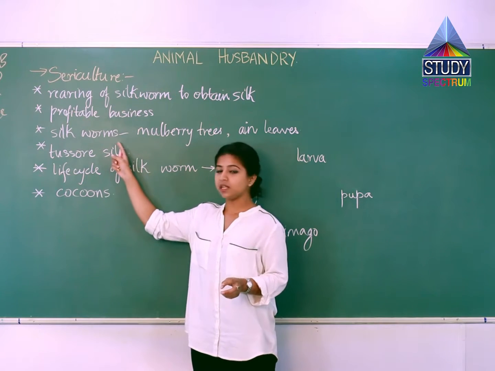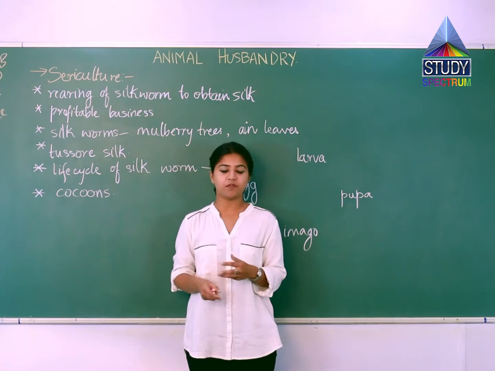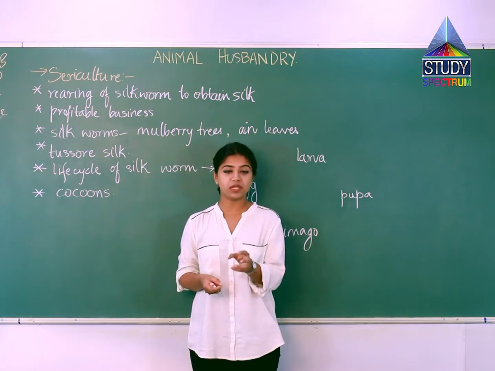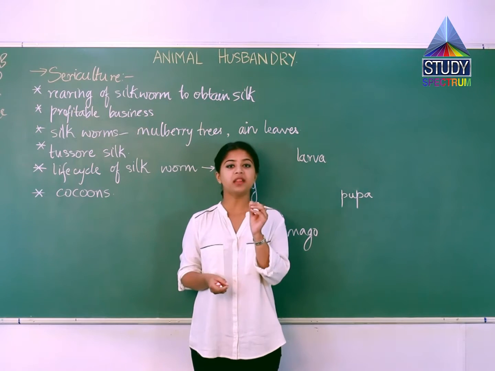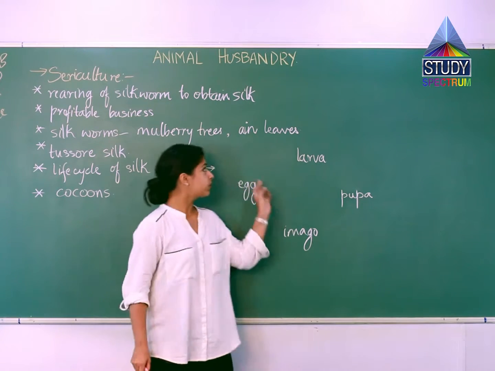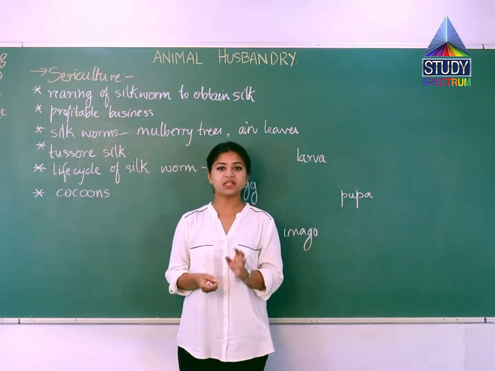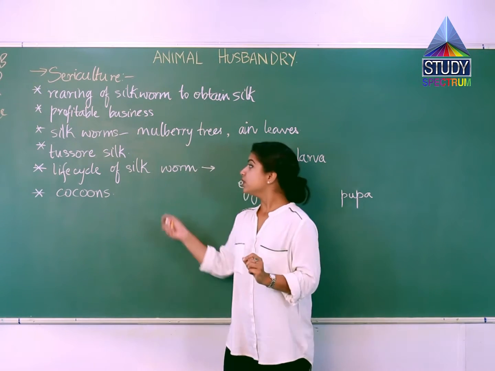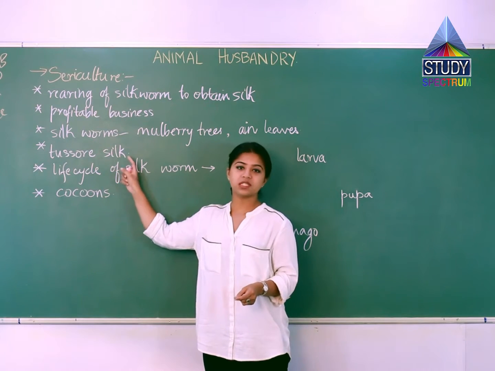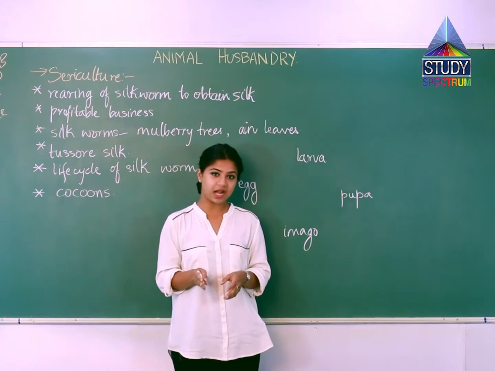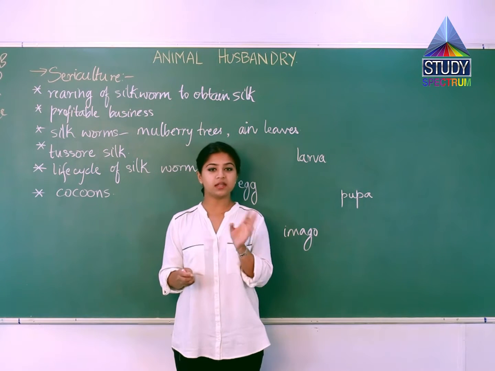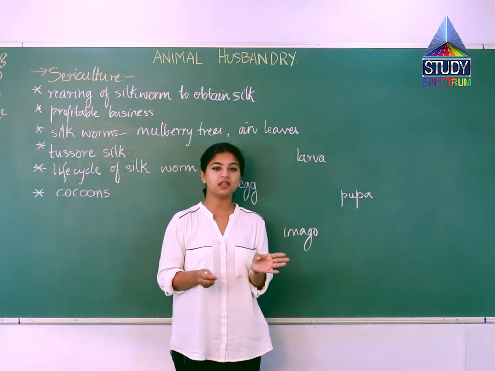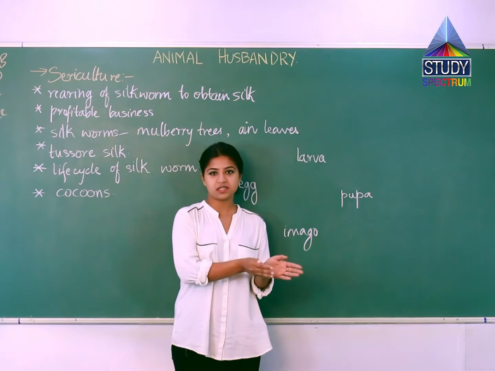Also, silkworms are of a variety of types, but the silkworms that are present on the mulberry trees and the silkworms that eat the ain leaves are the ones that produce the best quality of silk. Along with that, there is something known as tussore silk. There are actually two types of silk yields.